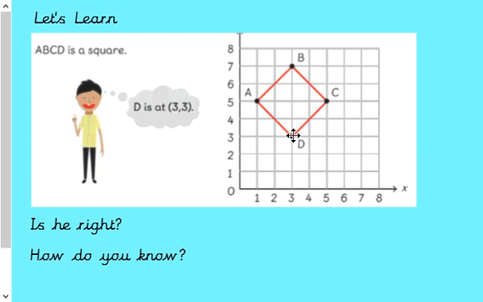Okay, so here in this case it would need to be where point D is. And that coordinate, if we think back to yesterday, would be 3 along the x-axis and 3 up the y-axis. So it would be 3, 3 would give us point D. Now this means that we have a square. So it is possible to make ABCD a square.